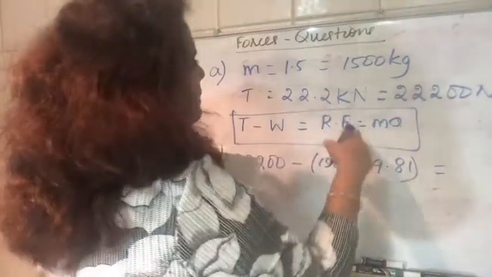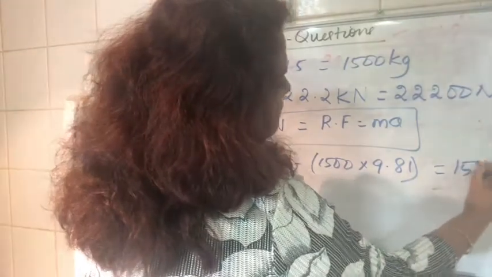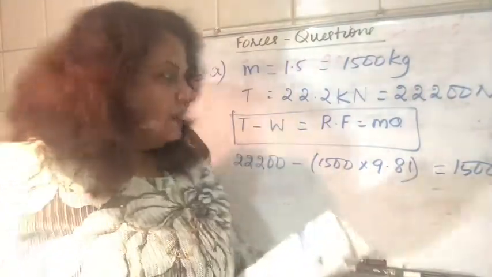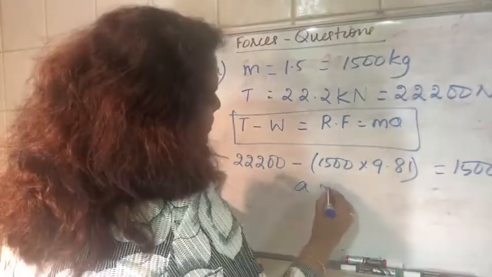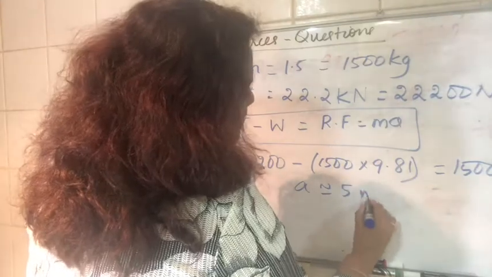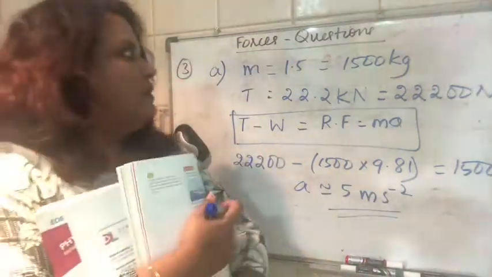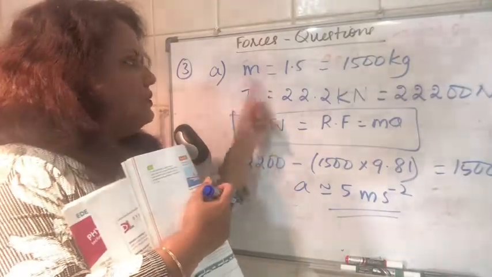Now that will be equal to mass into acceleration. Again, we have to include this mass, 1,500 multiplied by A. So we got the equation, and you can find A from here. I think A is approximately 5 meters per second square.